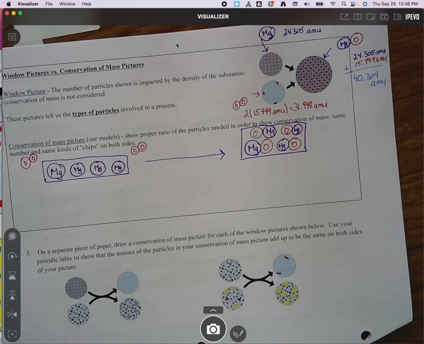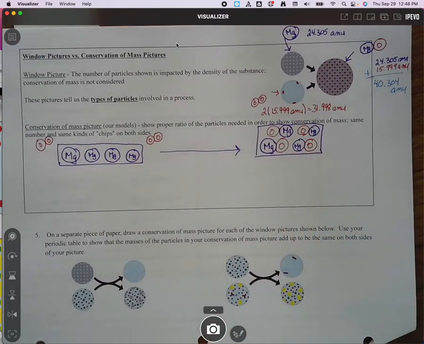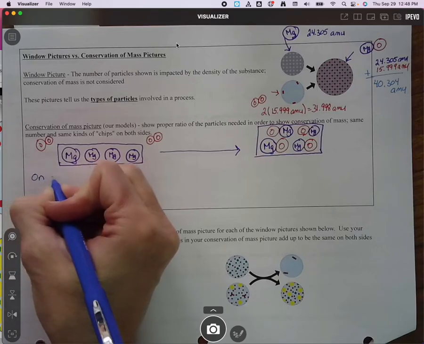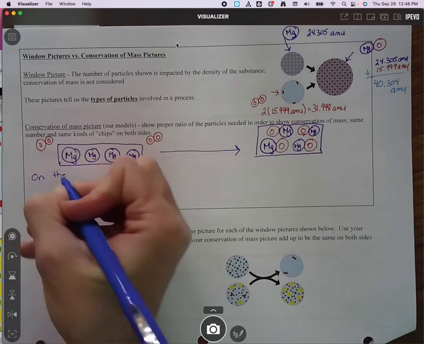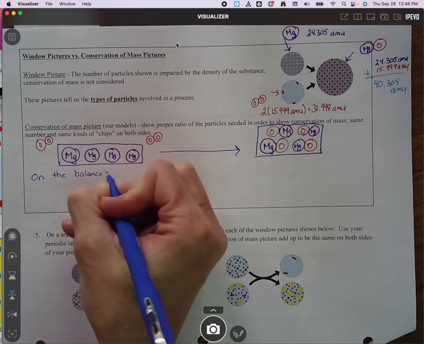Now we're going to apply the conservation of mass idea here, because we know what each of these chips weigh. We can chase the conservation of mass through here now. We've learned to chase conservation of mass as on the balance and off the balance.